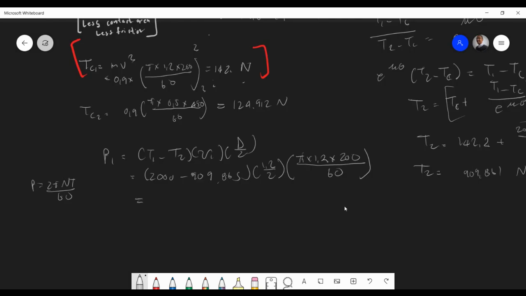Okay, let's get our first power. You can see we're going to find both powers now and see what we get.